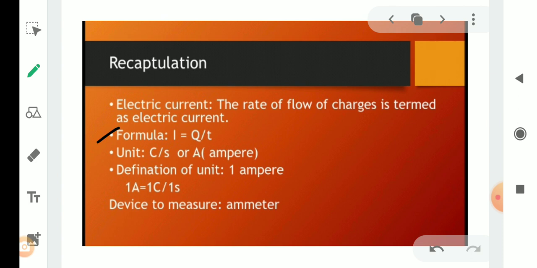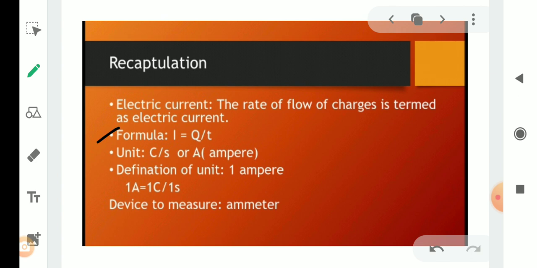This is the definition of 1 ampere. The current in a circuit is said to be 1 ampere if 1 coulomb of charge flows through a conductor in 1 second.